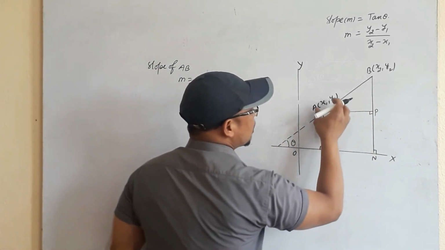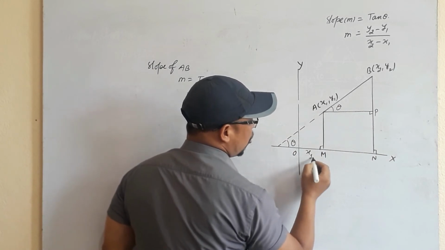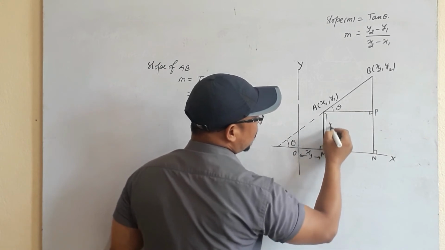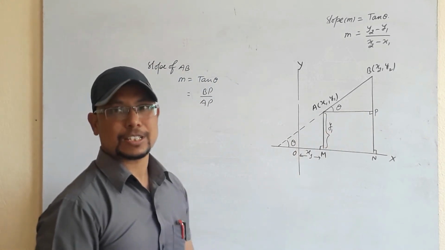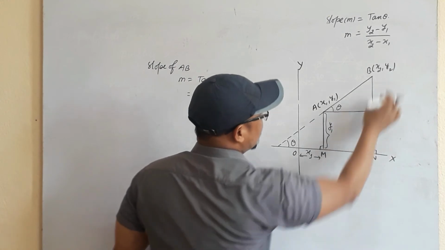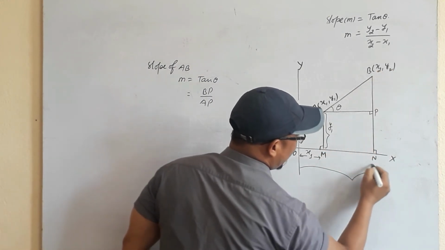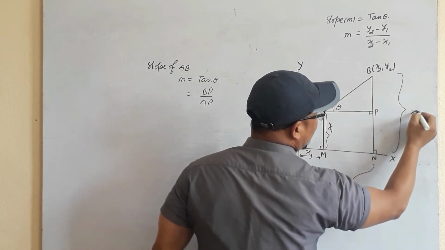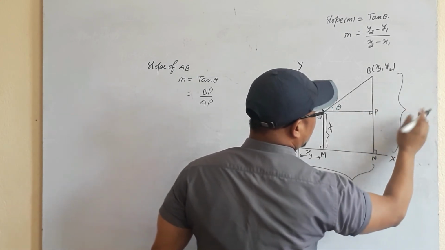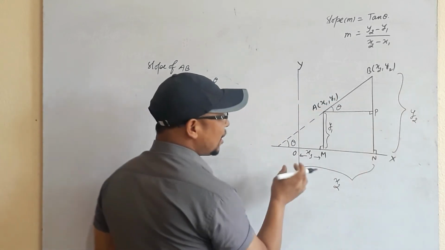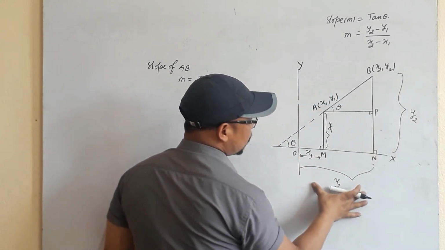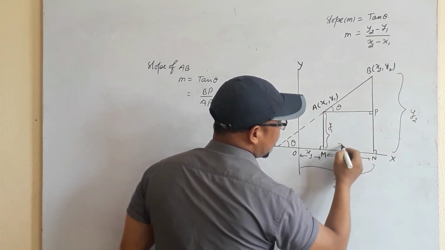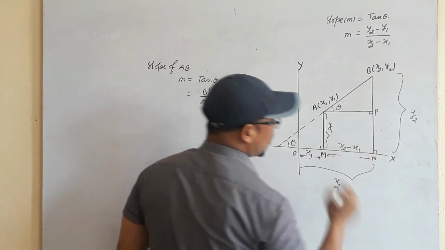Now this is x1, y1, so of course OM is x1 and this value is y1. We have already discussed this in our previous lecture. And ON is x2, and this value is y2. Now this is x2 and this is x1, so MN is x2 minus x1.